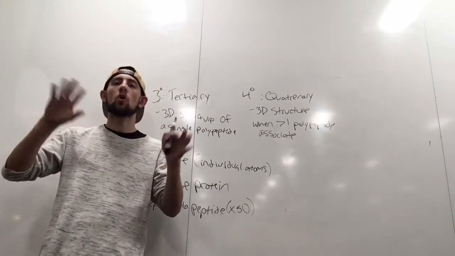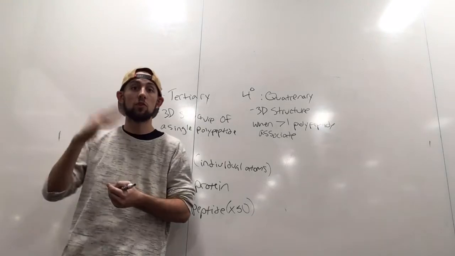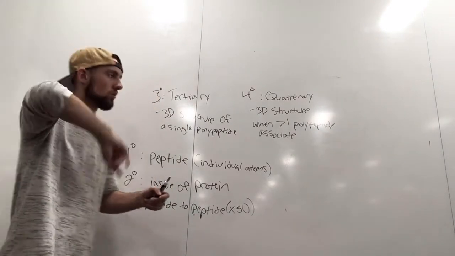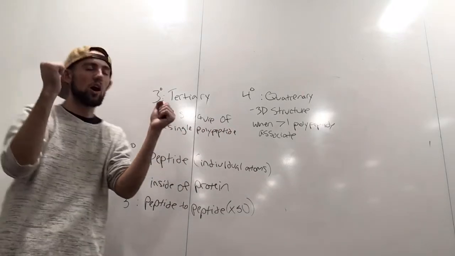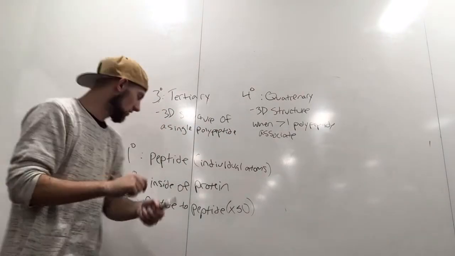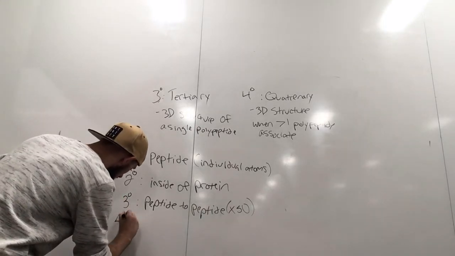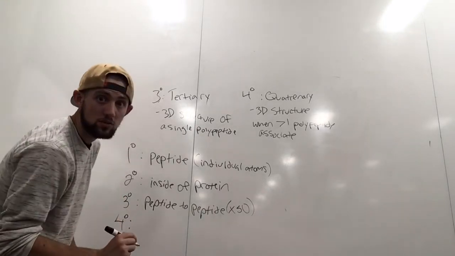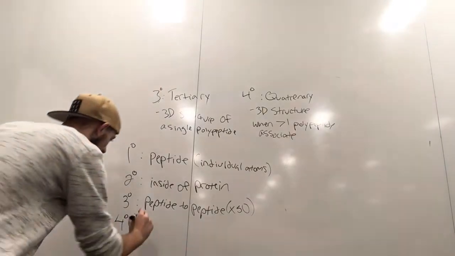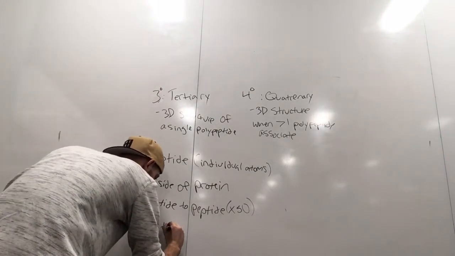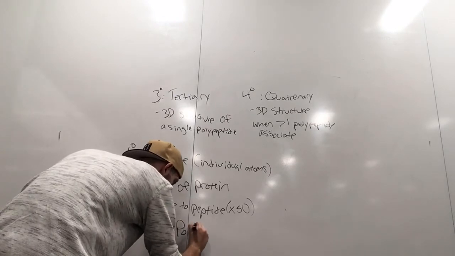Those are arbitrary numbers, but with 50 or more amino acids in a polypeptide, more than one polypeptide associating with each other, now we're at level 4. Can you see that? Yes, it's poly to poly. I'm going to just write poly to poly.